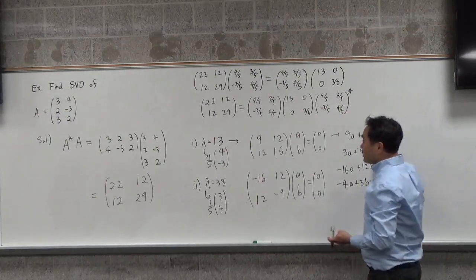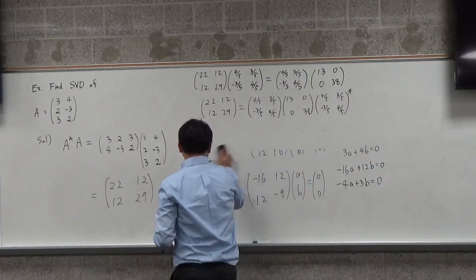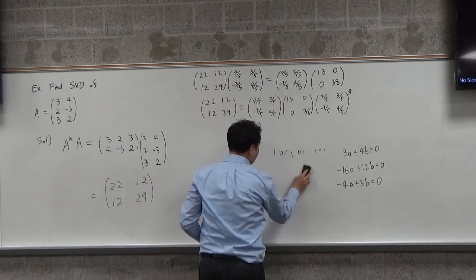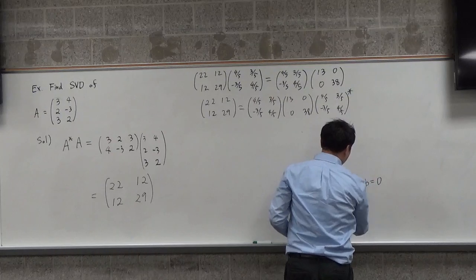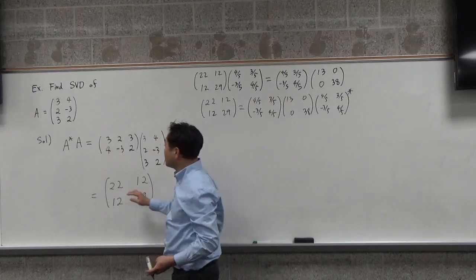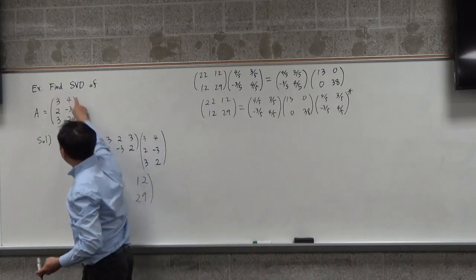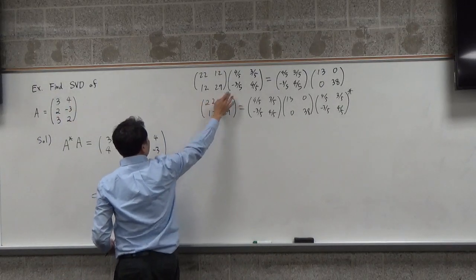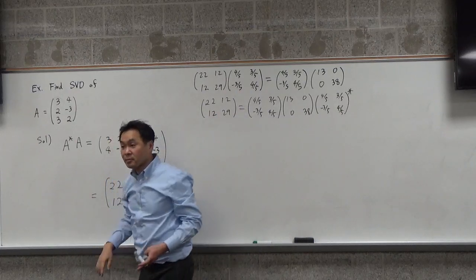But on the other hand, that was step 1. In step 2, what you have to do is compute what the original A does to these eigenvectors. Okay?